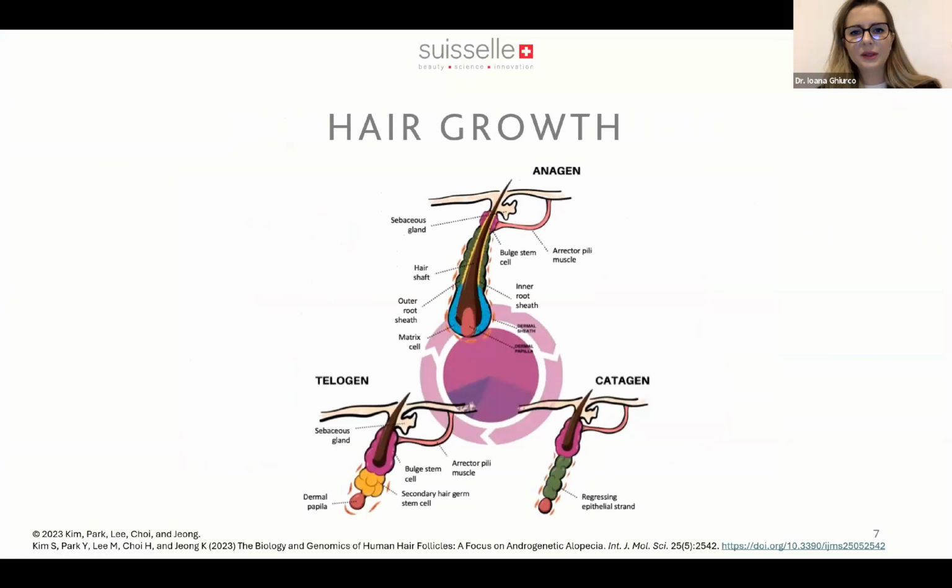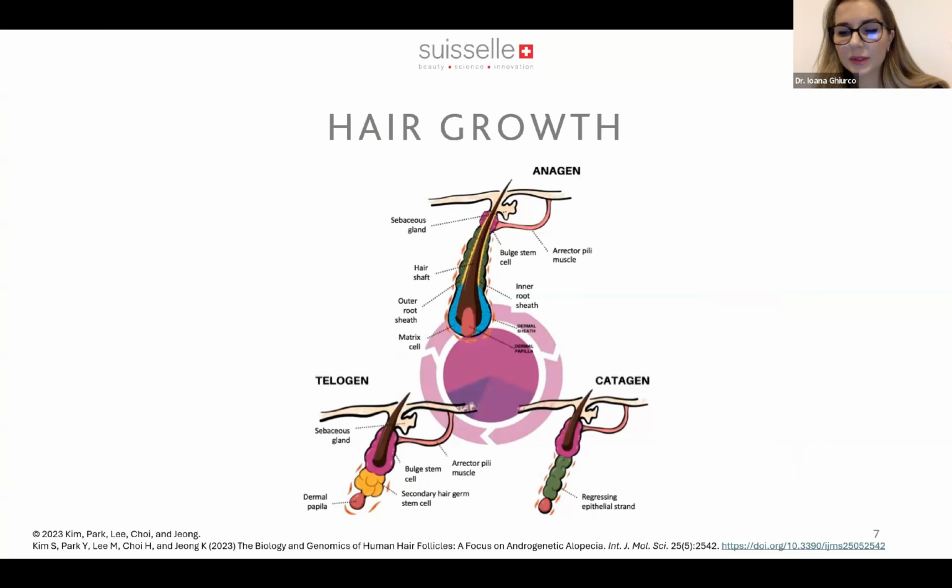So we know that human hair follicles undergo cycles of growth, which is the anagen phase, of regression, the catagen, and rest, the telogen phase. And also we know that not all hair follicles are in the same phase at the same time.